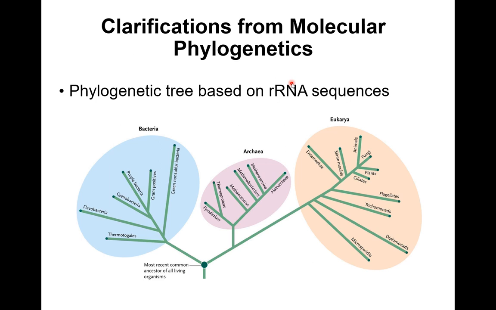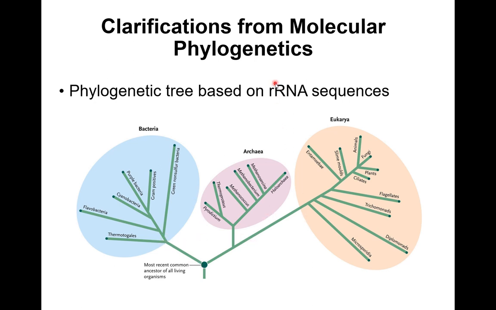Therefore you can use rRNA sequences only to study organisms that are very distantly related, such as the relationship of organisms to the original domains, very early splitting in terms of evolution.